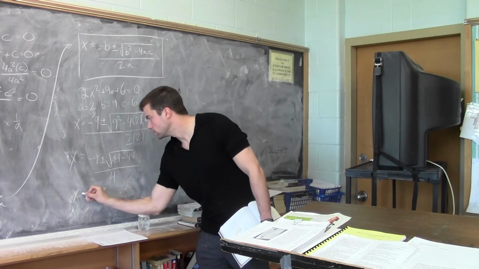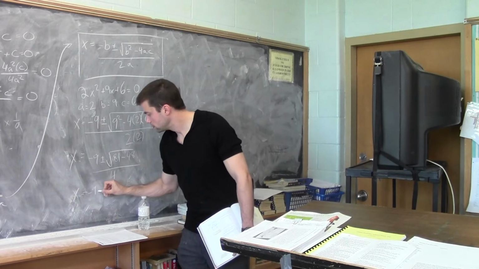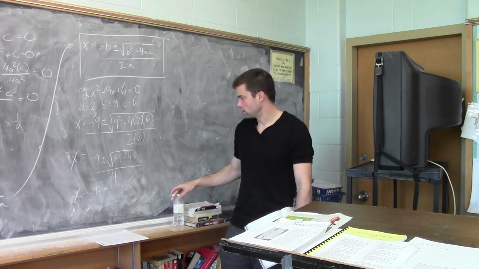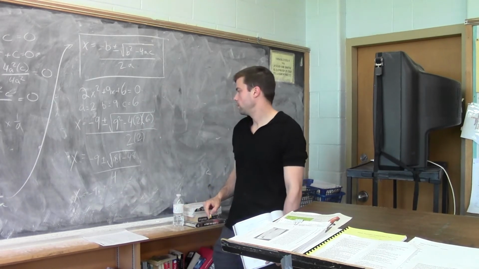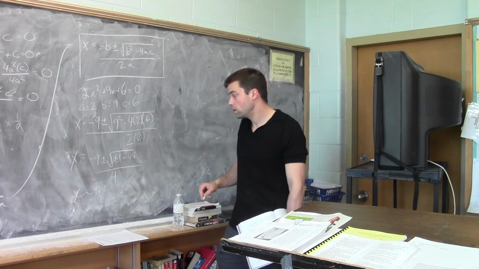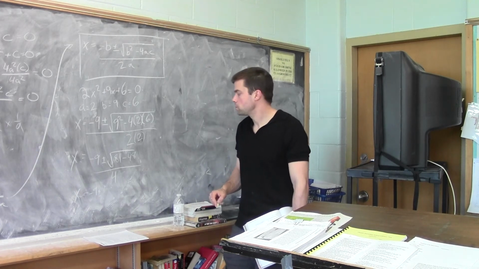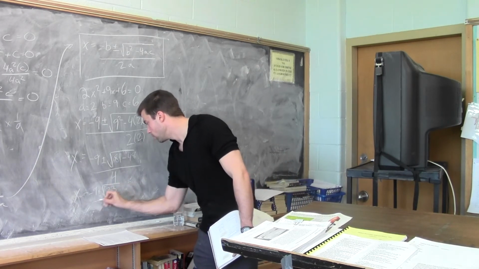So next step, x is going to be equal to negative 9 plus or minus 81 minus 48 is 33. Plus or minus square root of 33 all over 4.